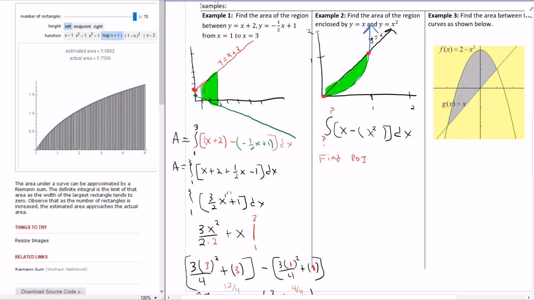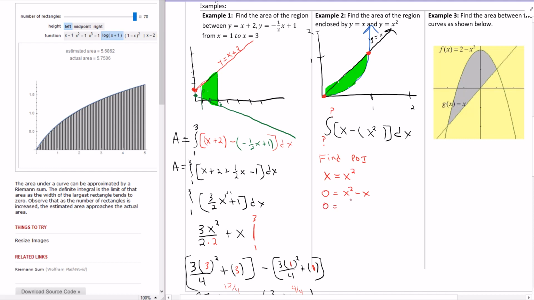Because the points of intersection are where the functions are equal. So I'm going to take the first function, x, and I'm going to set it equal to x squared, right? And you can logically think this one through, like when does x equal x squared? When does a number equal itself squared? Or you can go ahead and subtract x from both sides. So you're going to get 0 equals x squared minus x.